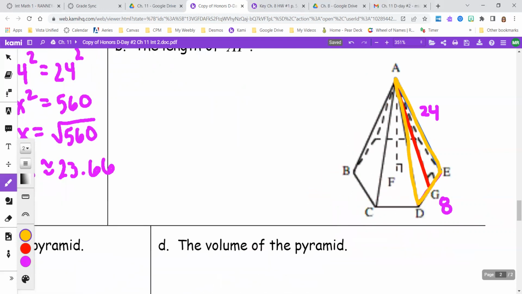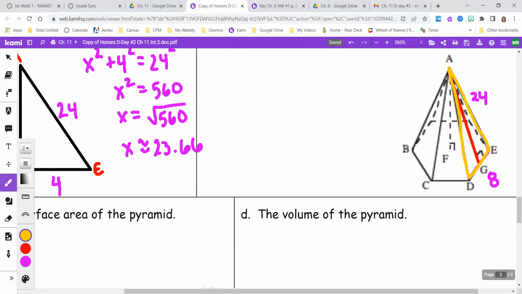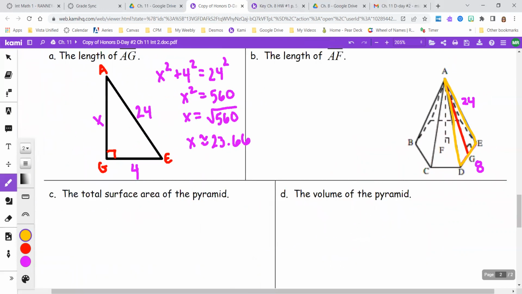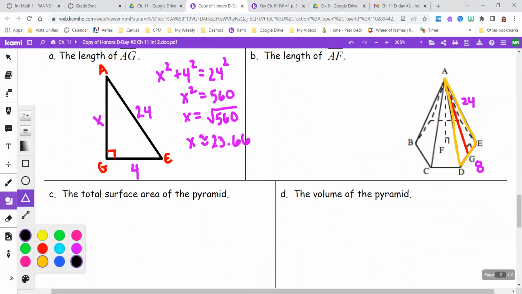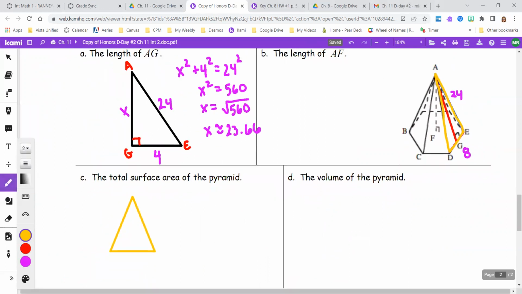So I just found that if I'm looking at that triangle, I know that the base is 8. I just found the height. That height was the AG I just found, which was the square root of 560 or 23.66.